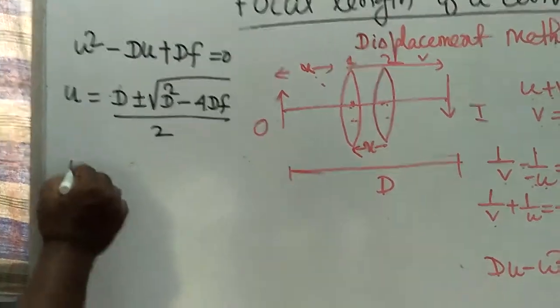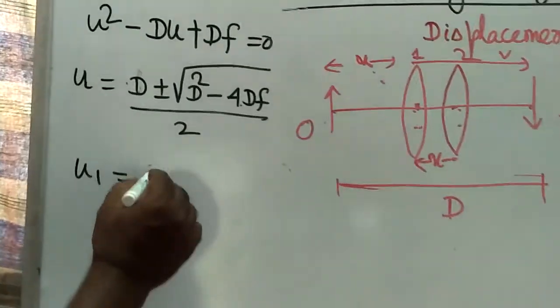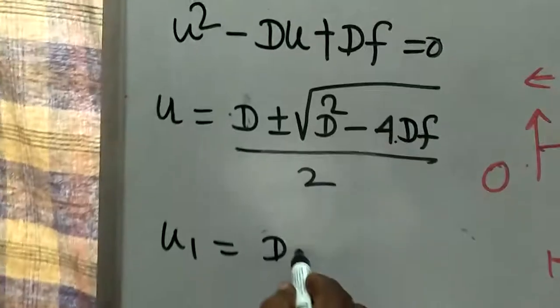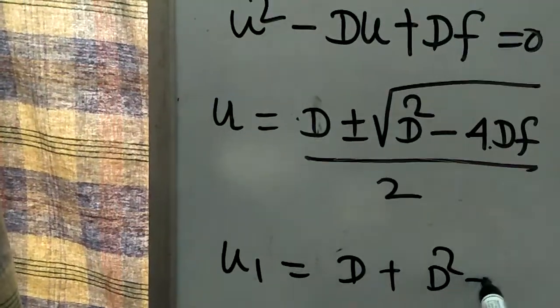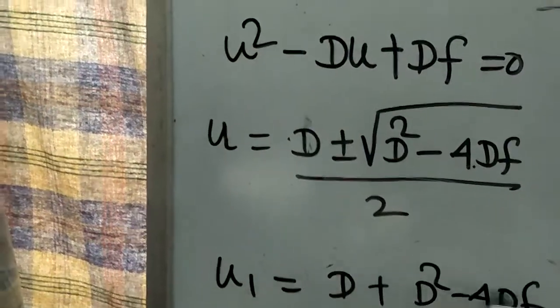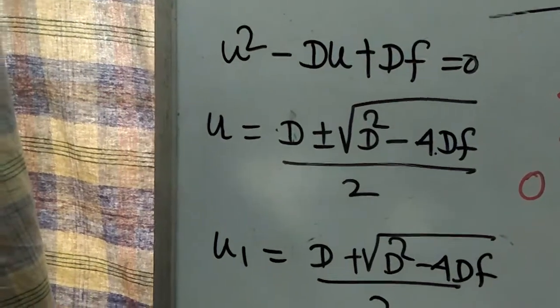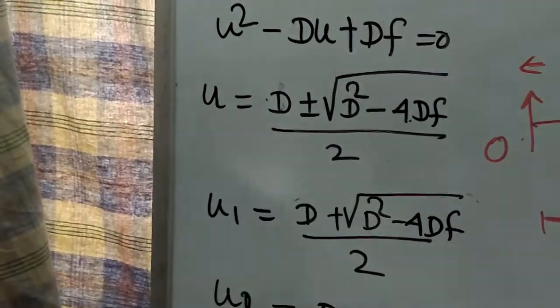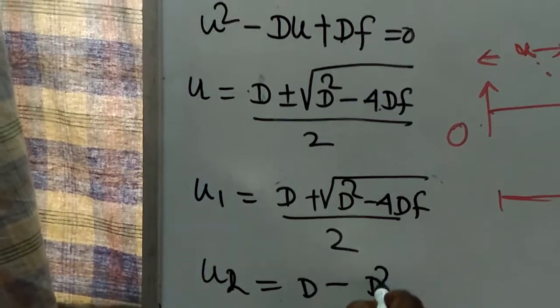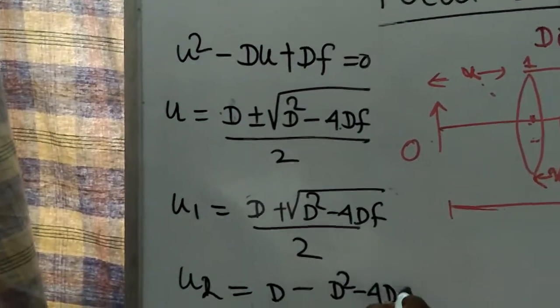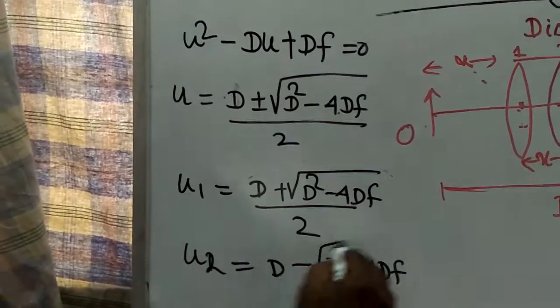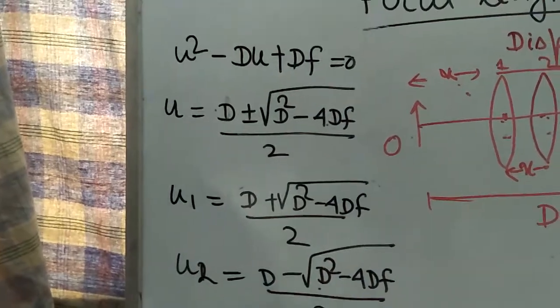Then it has two solutions. Let us take one solution, u1 = (D + √(D² - 4Df)) / 2. The other solution is u2 = (D - √(D² - 4Df)) / 2.